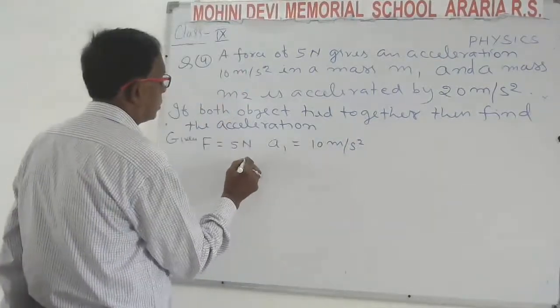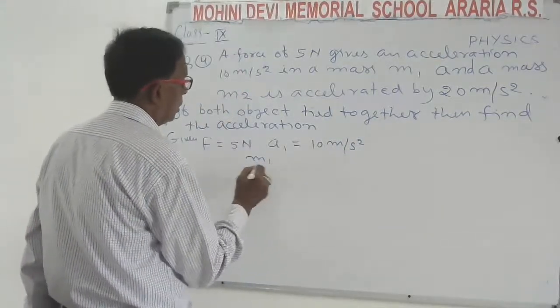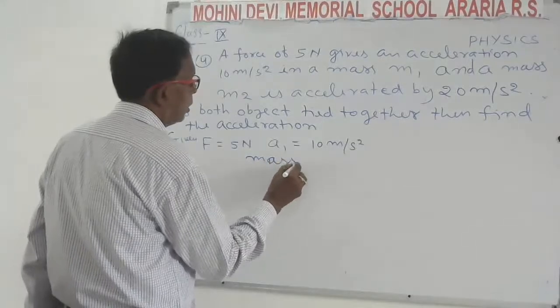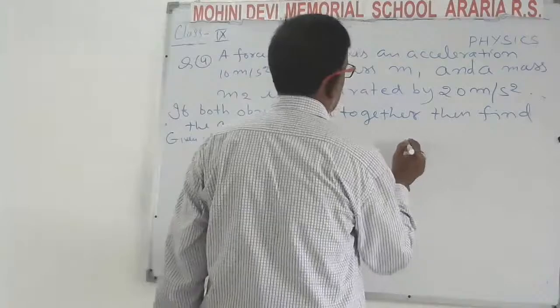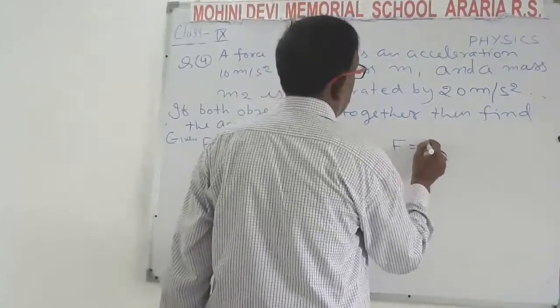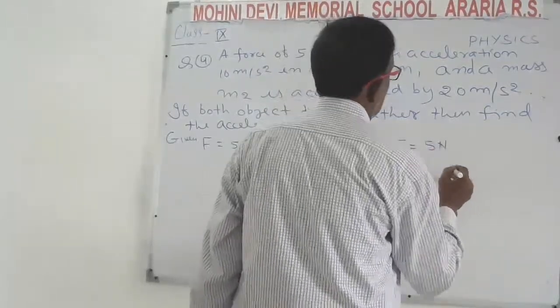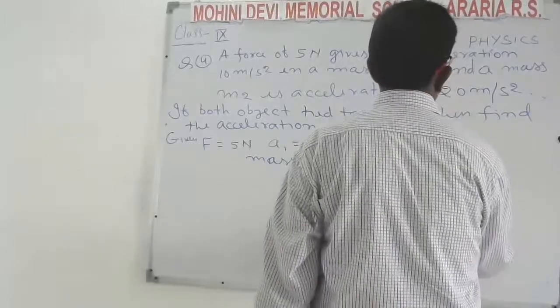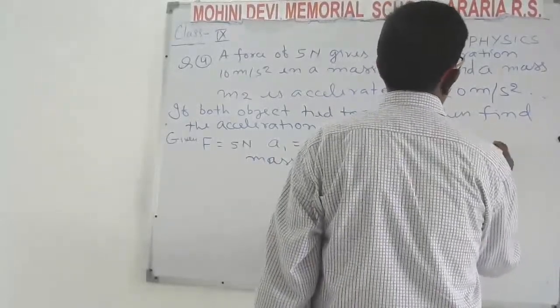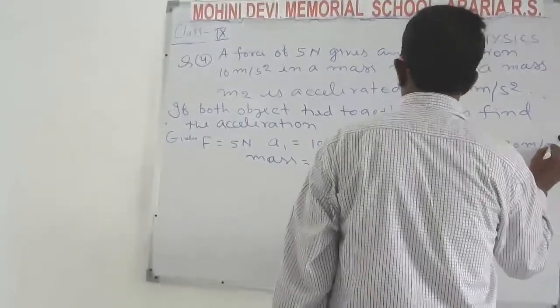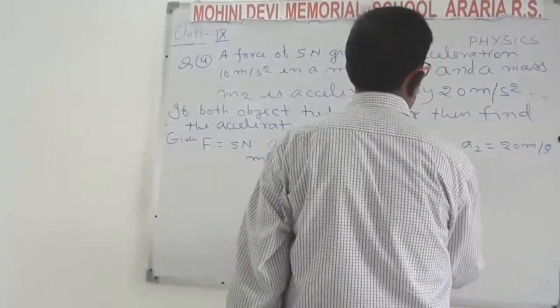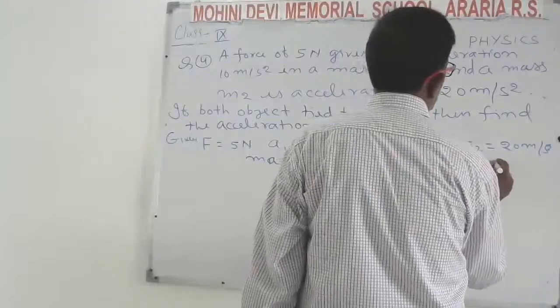And again, the force is the same, 5 Newton, the acceleration produced A2 is equal to 20 meters per second square, and for mass m2.